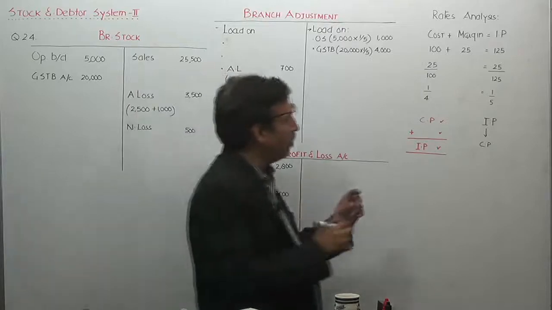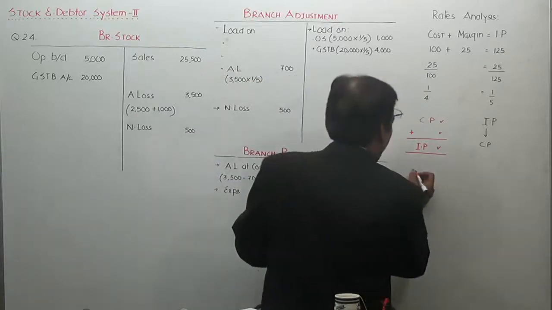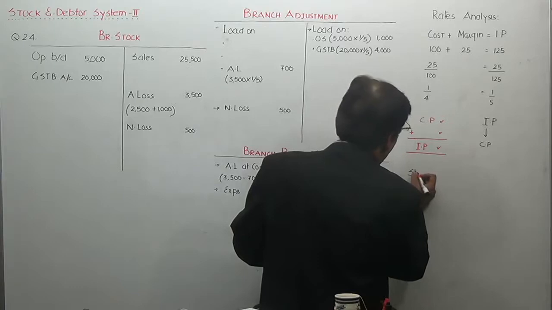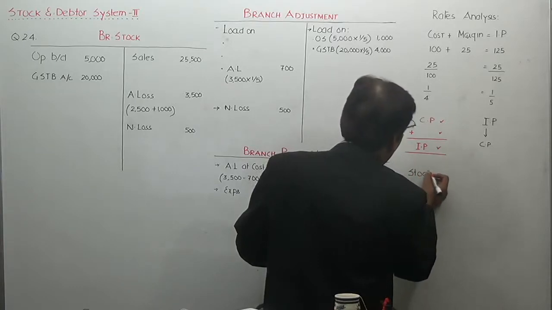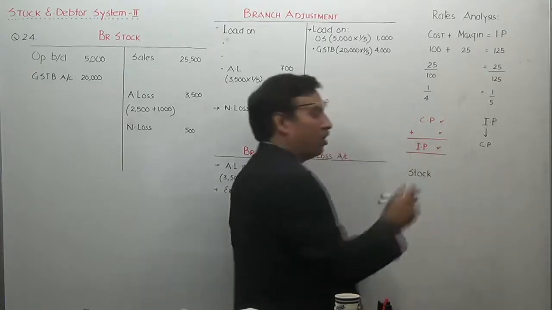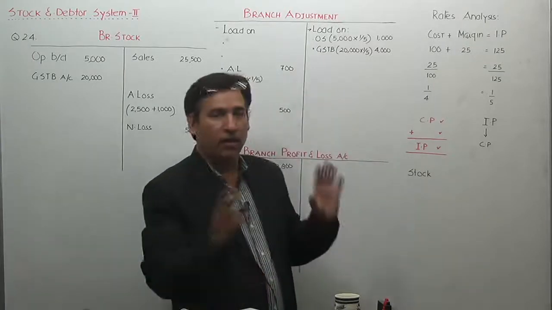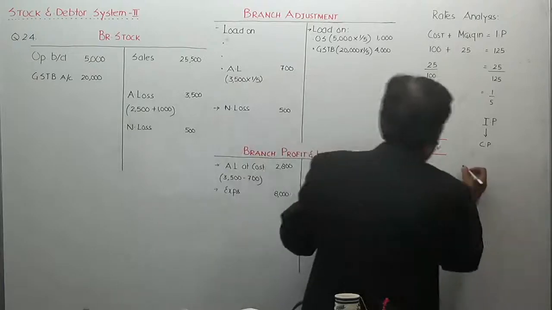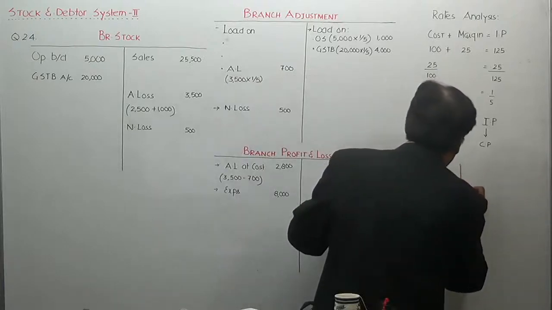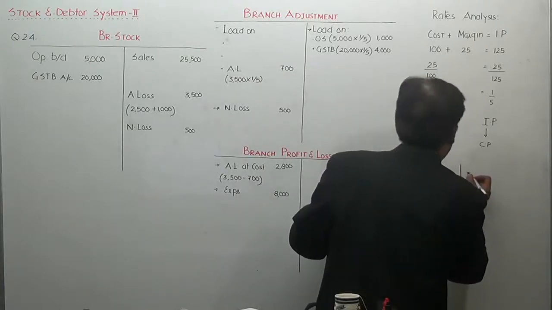Now please pay attention. Suppose in the question it is given a stock, just a stock, say 10,000, 20,000, 30,000. Opening stock or closing stock. Just written stock. Then you shall always presume it to be at invoice price.